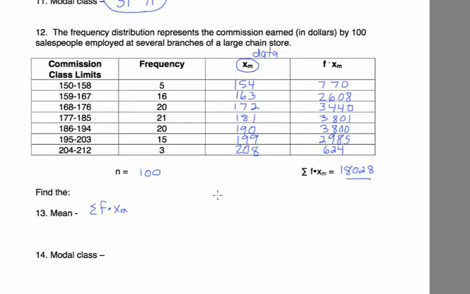So this value that we've already figured out, divided by the total number of people that we have. $180.28. We will now round that to 180.3, 1 decimal place, since my data values were in whole numbers.